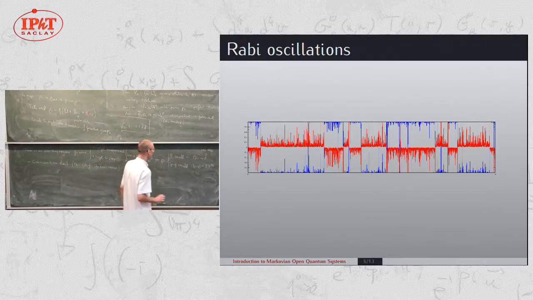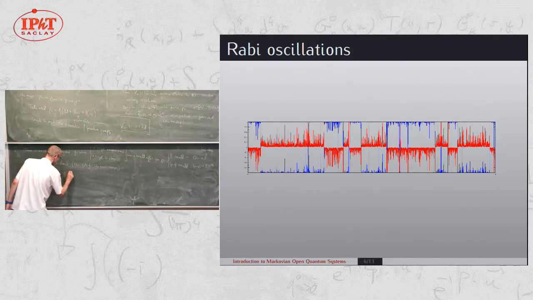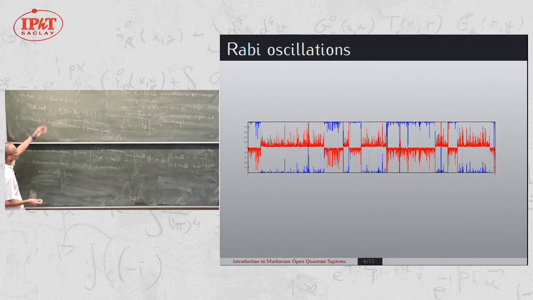Okay? And then if we let n go to infinity, with n epsilon equals t finite, well, our evolution equations have a continuous time limit.